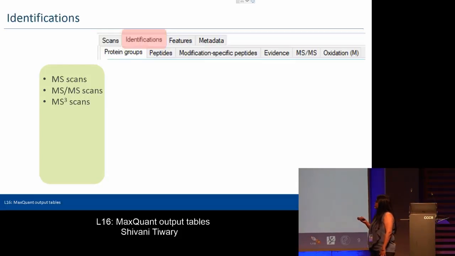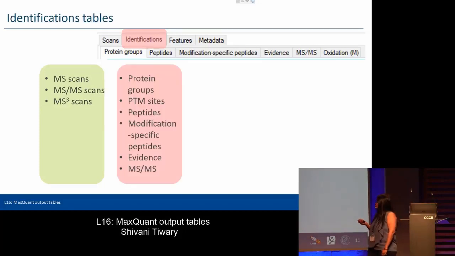And then go to identification. Here, this is the most useful level and tab for those of us who want to do data analysis or get to know about our proteins. So here you can get to know about your protein groups, PTM sites, your modification-specific peptides, and evidence and MSMS.